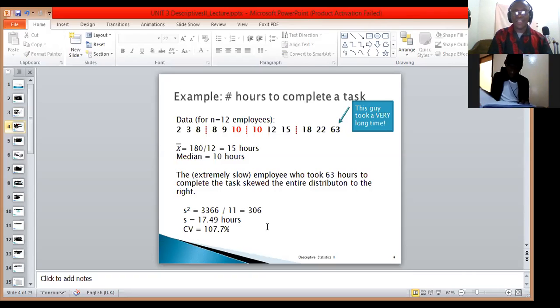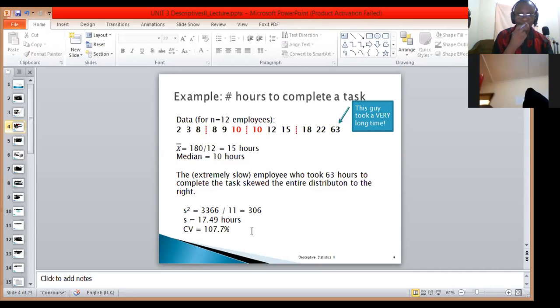We said it's the standard deviation divided by the mean, times 100. So 17.49 divided by our mean, which is 15.